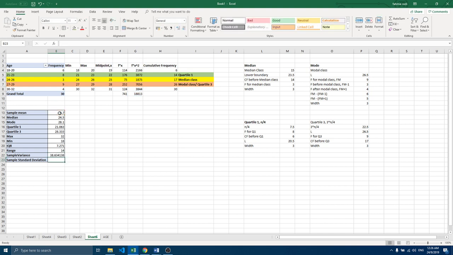So it's summation of fx square divided by 29, which is n minus 1, minus mean square.